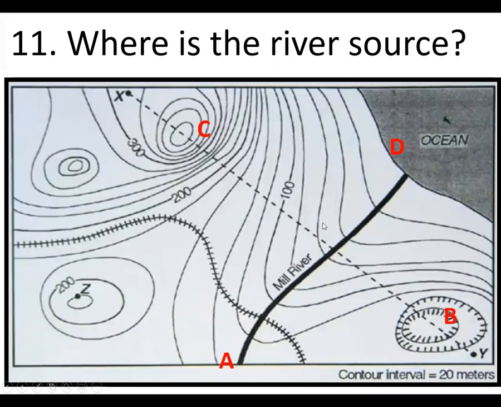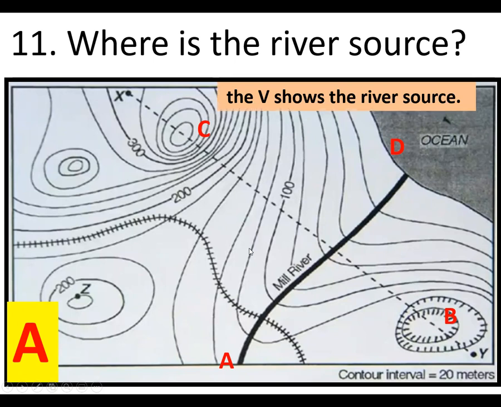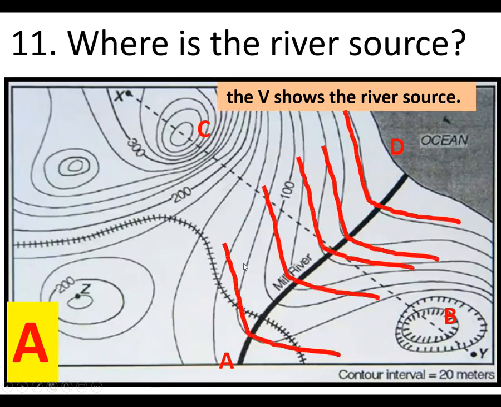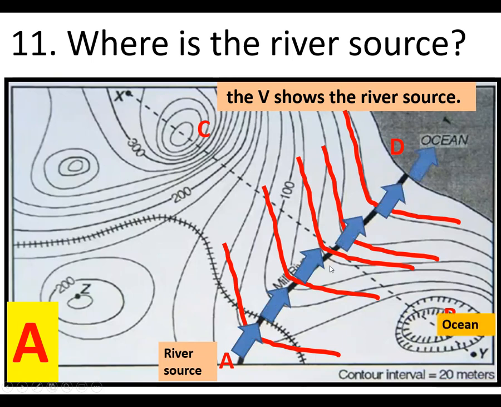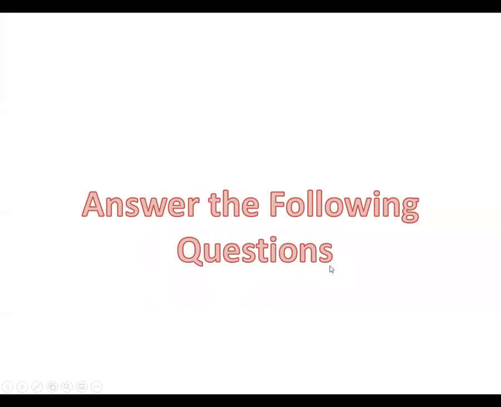Where is the river source? Is it A, B, C, or D? If your answer is A, that's correct. Because the contour lines are showing the place where the river is coming from. The V shows the river source. And it's emptying into the ocean.